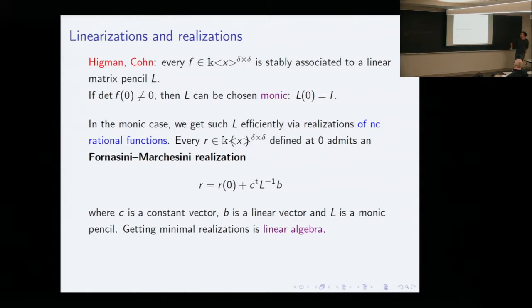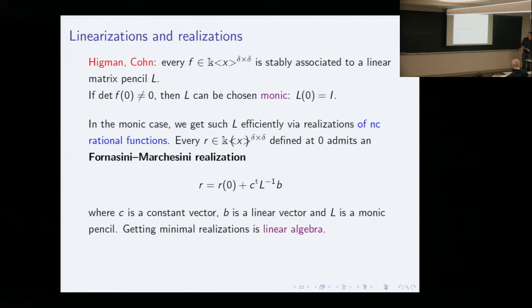So every noncommutative rational function that's defined at the origin can be written like that. Here, this is some constant matrix, just the value of r at 0. C is a constant column, C transpose is a constant row, B is a linear vector in x1, x2, and so on, and L is a monic pencil.